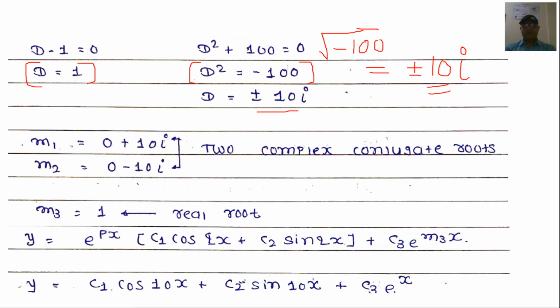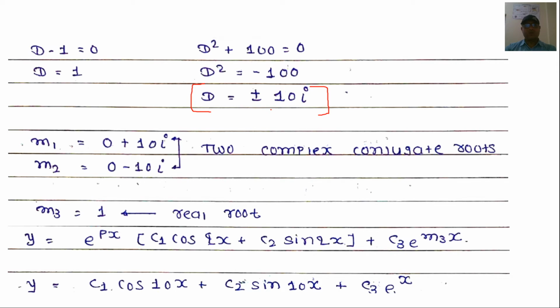Here you can observe that the solution of the auxiliary equation contains two complex conjugate roots, plus or minus 10i.